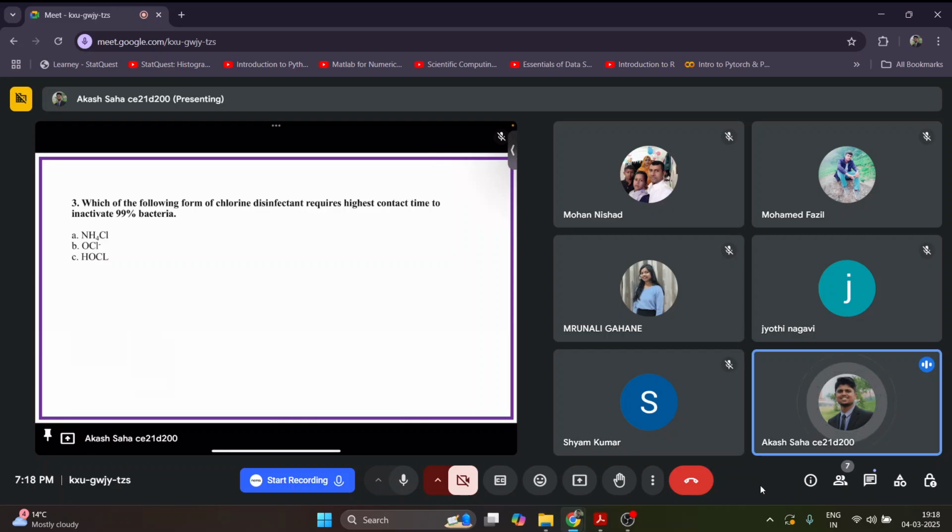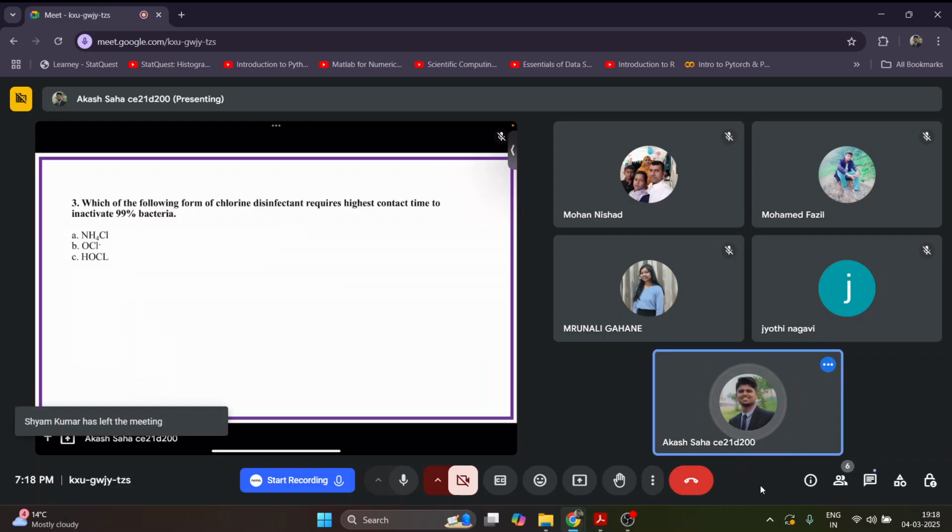For disinfection, what generally happens is these disinfecting chemicals penetrate the cell wall of the microorganisms and disrupt their proteins, enzymes, or nucleic acid, whatever is present in the bacterial cells, and then the disinfection happens. So HOCl is a very strong disinfectant because it is a neutral molecule, so the resistance will be lesser.